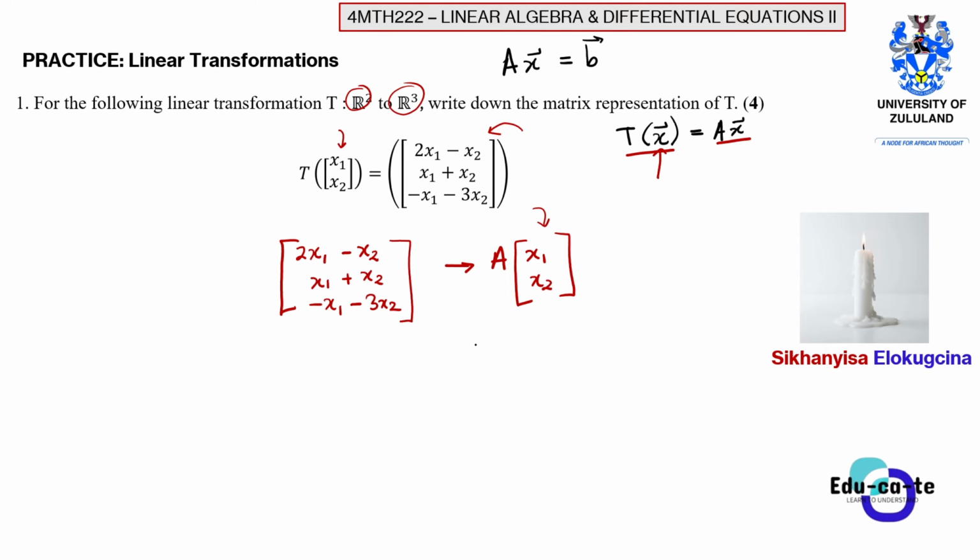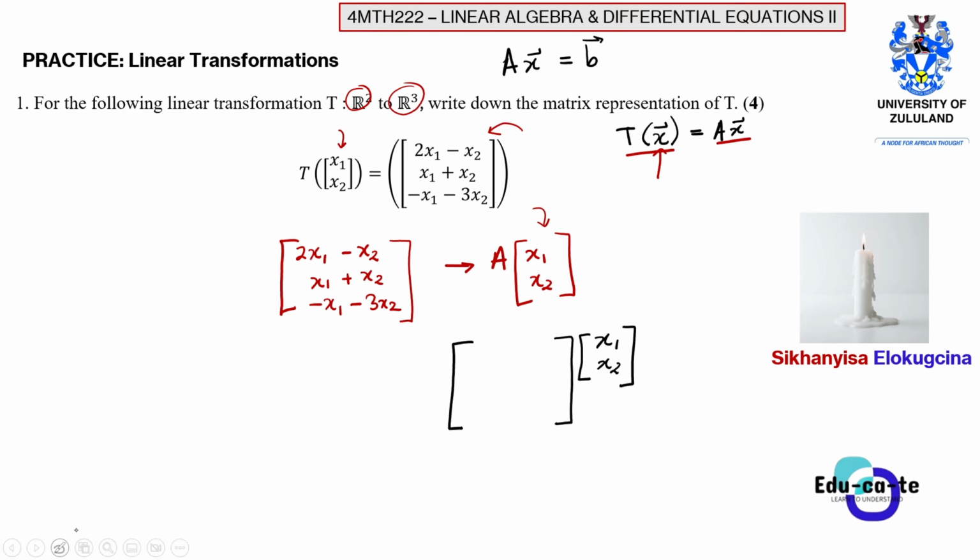Now let's try to solve for that matrix representation of the transformation. Here, I will open a bigger matrix so that you have time to see. Then I will put my vector, x1 and x2, the one that we are transforming. We can see that we only have x1 and x2, so we can only have two columns in that particular matrix.